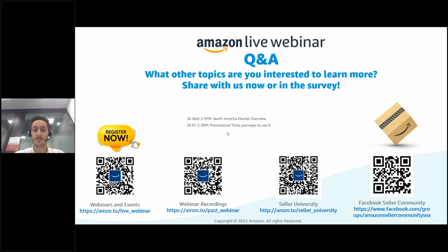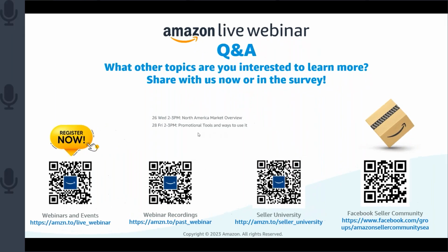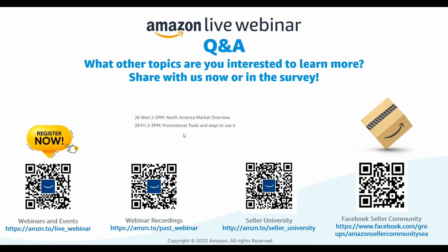Please take note of the different QR codes that you see right now on the screen. We have different webinars and events. Please access that and register. You can find the roadmap of events that we are going to be hosting in that QR code.